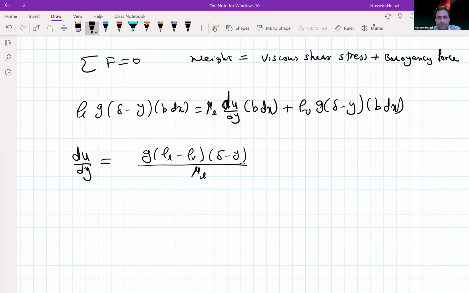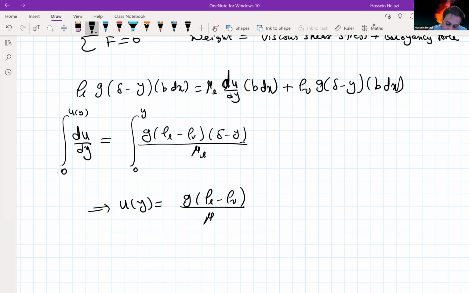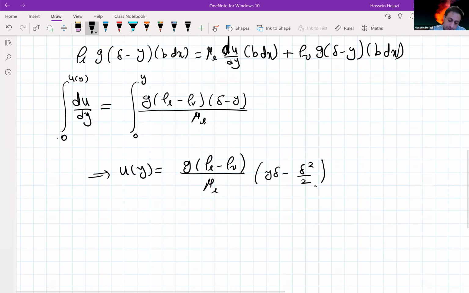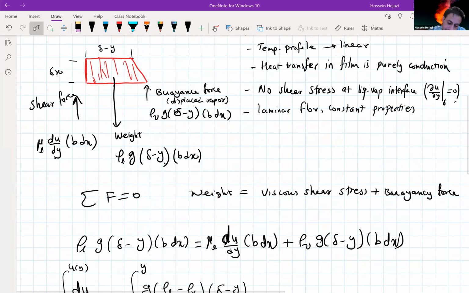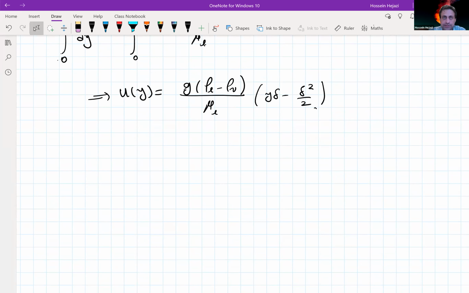Now, if we take the integral of this one from y equals 0 to any y, so it's going to be from u equals 0 to some u(y), then we would get an expression for u(y), which is going to be g (rho L minus rho V) divided by mu L times (y delta minus y squared divided by 2). So this is going to give us the distribution of this velocity. So this is going to be this velocity profile that has been assumed for this film condensate.